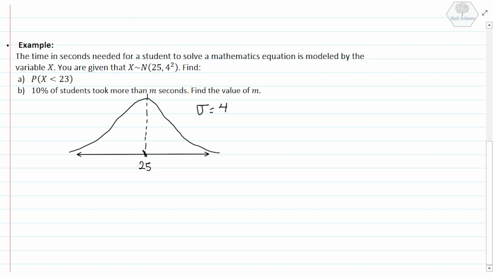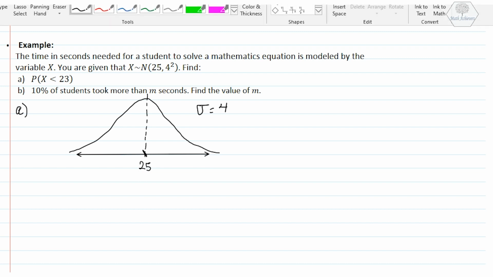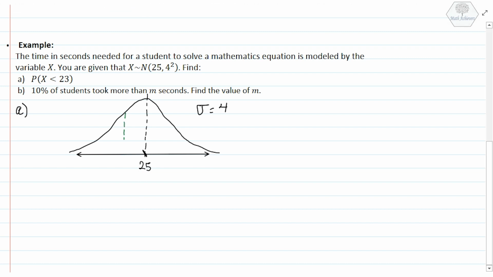I want the probability of x less than 23, so I add the 23 in here. This probability is unknown.